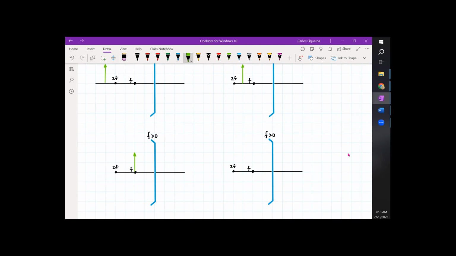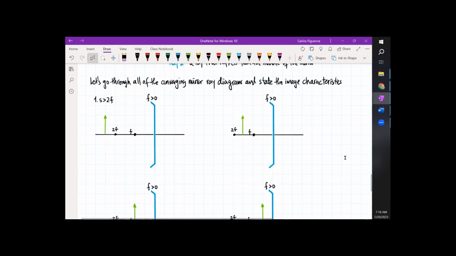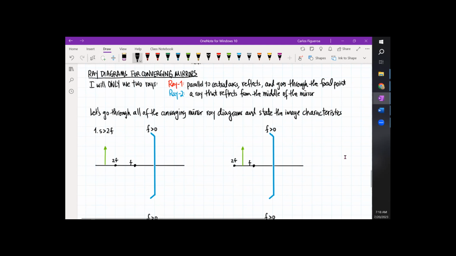And then I'm going to go right inside the focal length. Now you can see how I'm going to label these. So this is 2F greater than S greater than F.